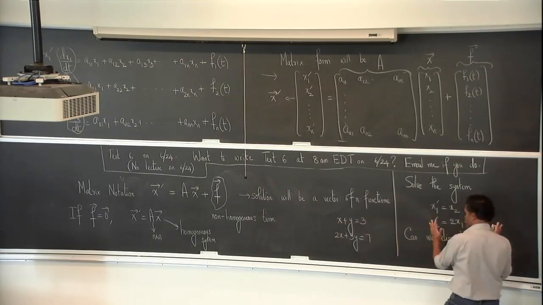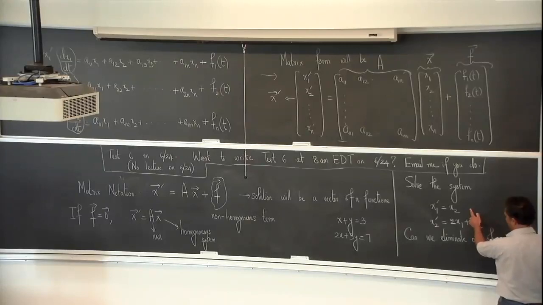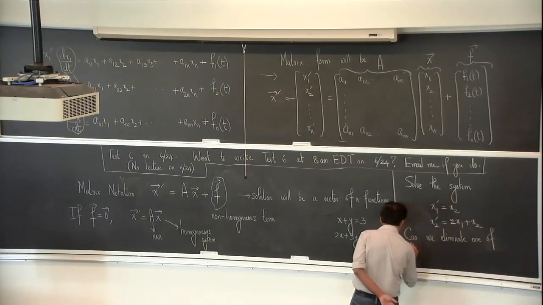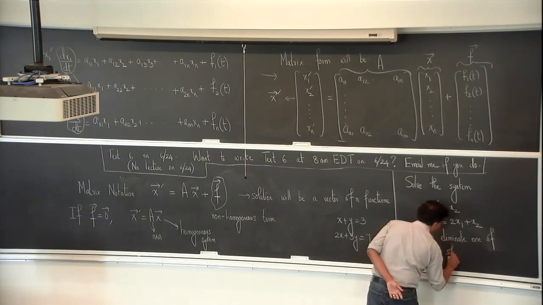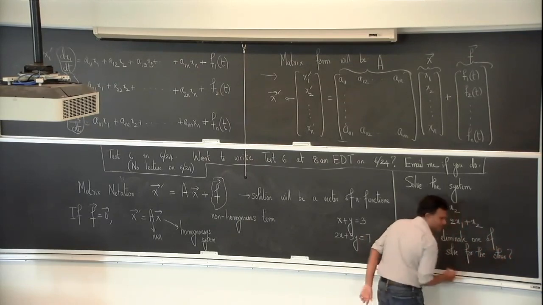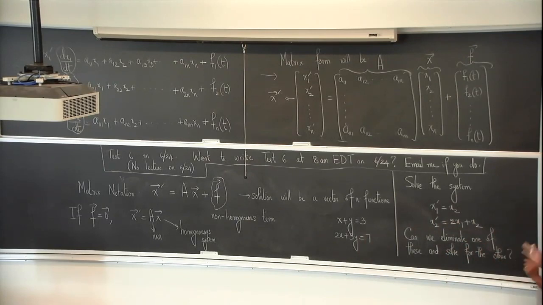So this is a very easy system, mind you that. Because the first one doesn't have an x1 term, the second one looks pretty clean. So can we eliminate one of these and solve for the other? In this case, it's pretty easy, easy within quotes, because right now you don't know what that easy means.